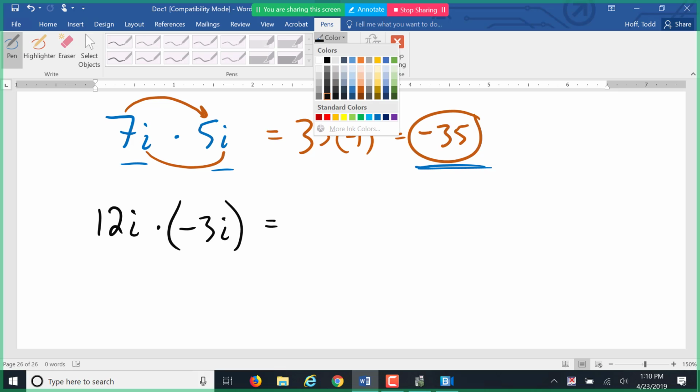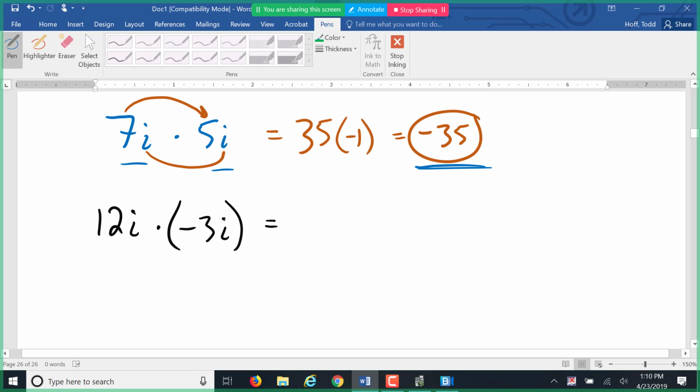So if I do 12i times negative 3i, again, I multiply the coefficients, the numbers. 12 times negative 3 is a negative 36. i times i is once again negative 1. Negative 36 times negative 1 is a positive 36.